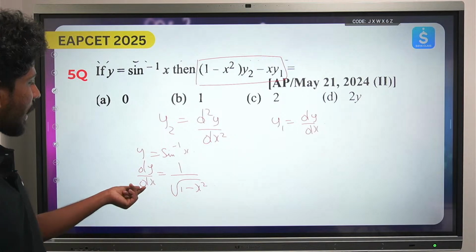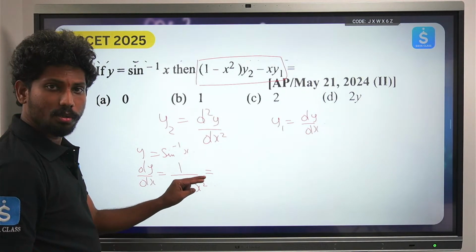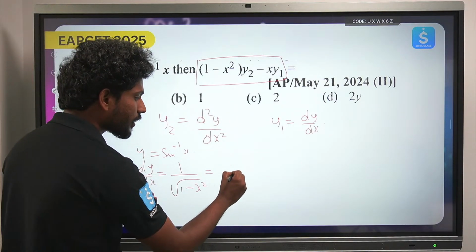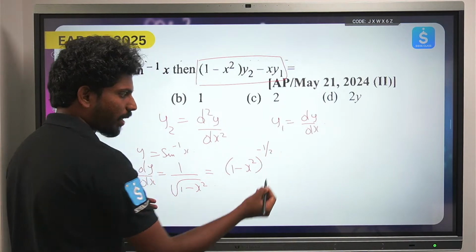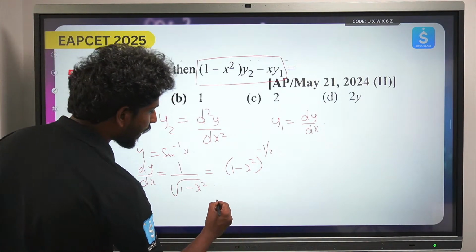Now what about the second derivative? Before writing its second derivative, we will just try to do some conversion. Let's write 1 minus x square in the numerator. So this will be 1 minus x square whole power minus 1 by 2, right? Now you try to differentiate this. What will be the second derivative of this?